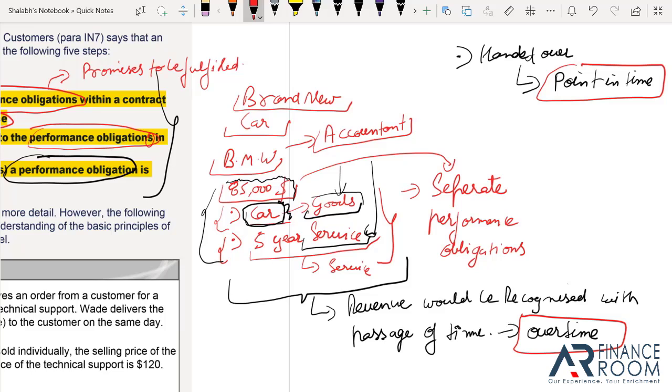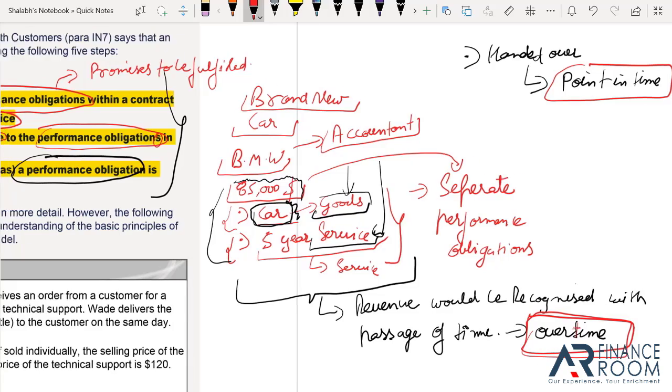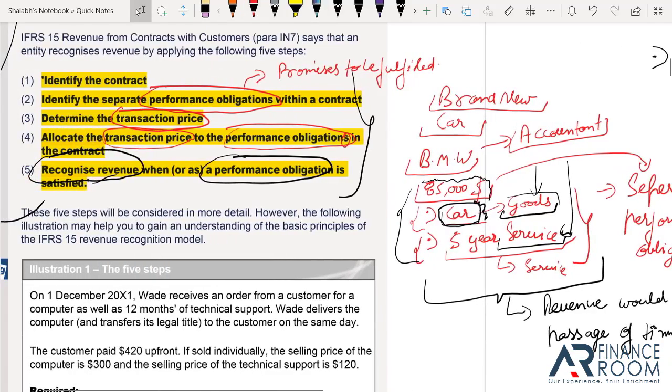Or it can be satisfied over a period of time, as in the case of 5 years of service. So first of all, we need to allocate this $85,000 according to performance obligation, and then recognize them separately as soon as each gets satisfied.